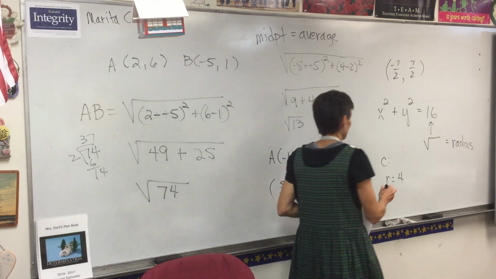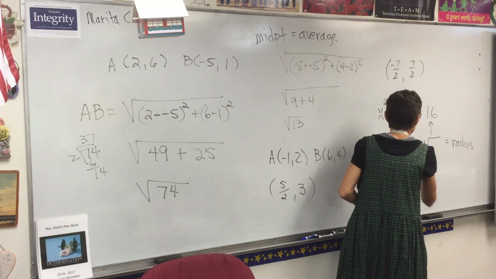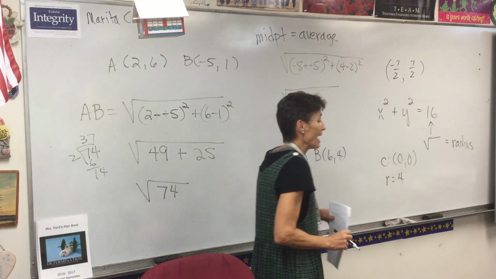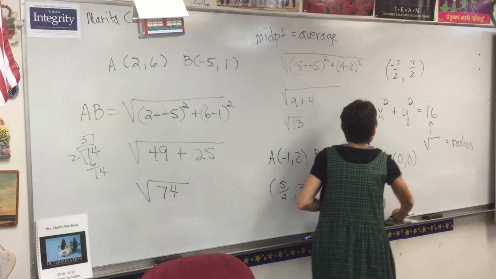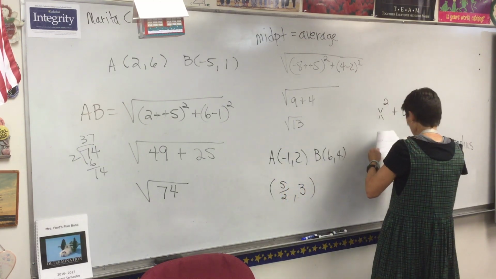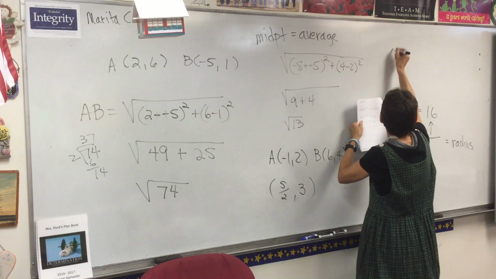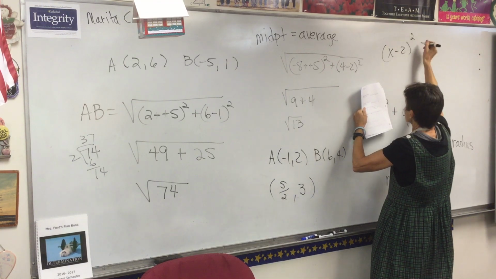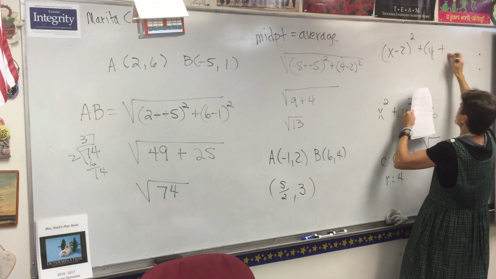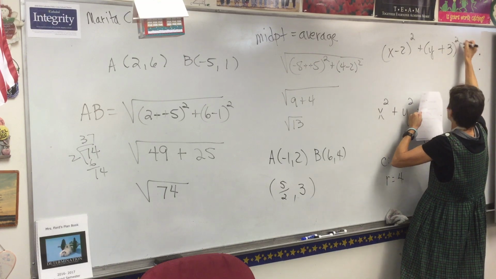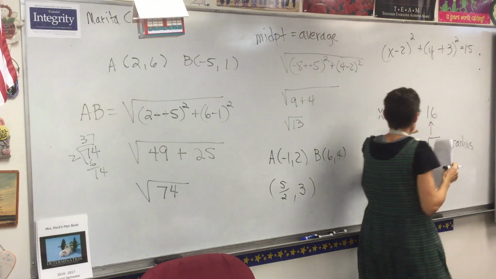The center is actually the origin. Now, if you can't remember this, that's going to be a little bit confusing until we look at the next problem. When we look at the next one, this is a circle. This equation has the same format as this one.